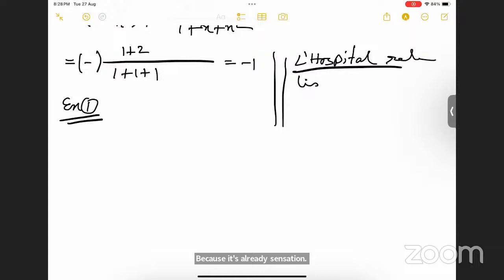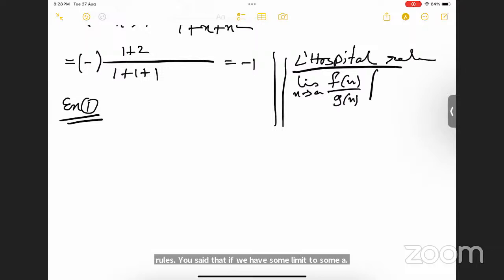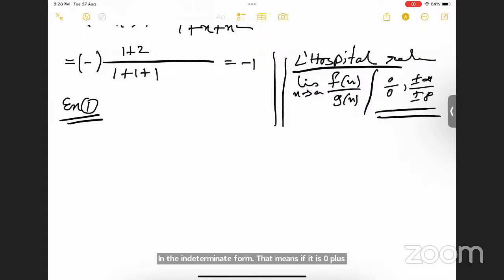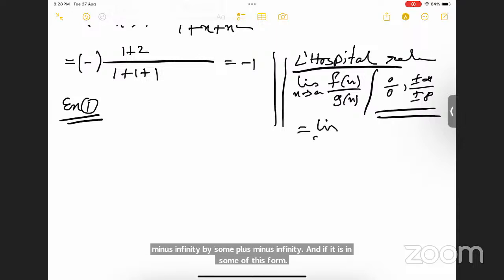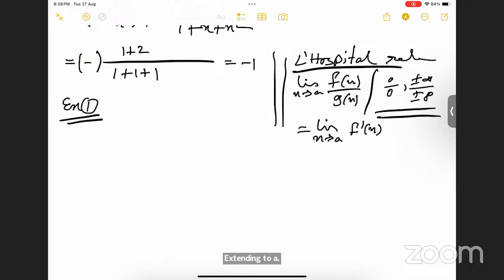L'Hopital's rule says that if we have a limit as x tends to some a of f(x) by g(x) in the indeterminate form, that means 0 by 0 or plus minus infinity by plus minus infinity, then this limit will be equal to the limit as x tends to a of f dash x over g dash x, right? All of you are aware of this form.